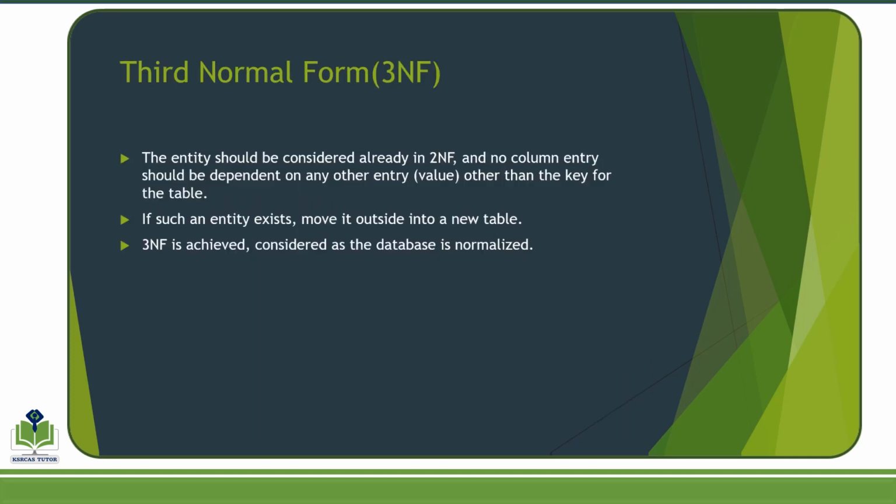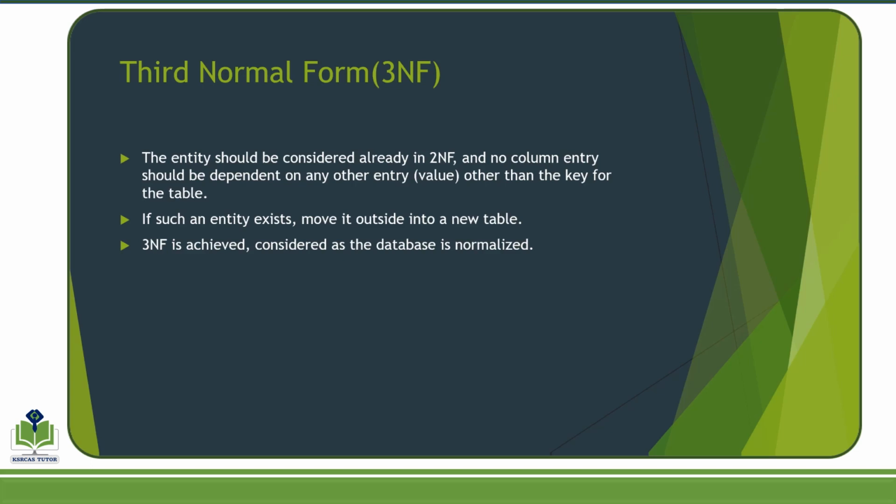Next one is third normal form. If a table has to be in third normal form, it should already be in second normal form, and the second condition is that no column entry should be dependent on any other entry other than the key for the table.